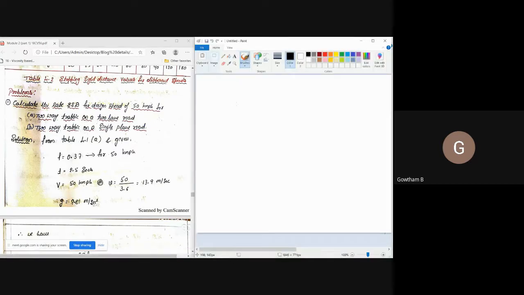Now we know that the stopping sight distance formula is given by lag distance plus braking distance.